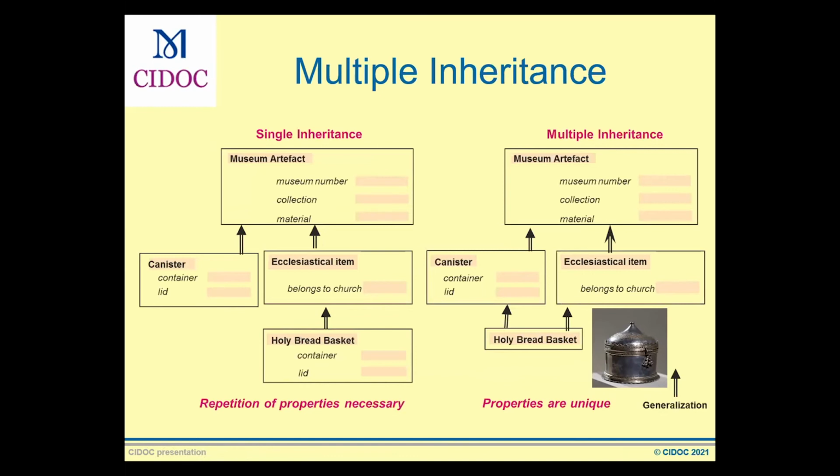And then we've got a type of object which is a holy bread basket which has a container and lid. If I just say a holy bread basket is a type of ecclesiastical item, it can only inherit from ecclesiastical item, then holy bread baskets get containers and lids, and they belong to a church, and they've got museum number and a collection and a material.